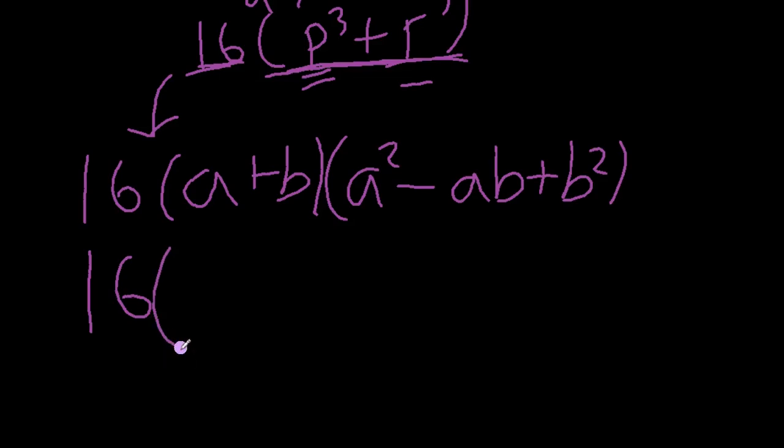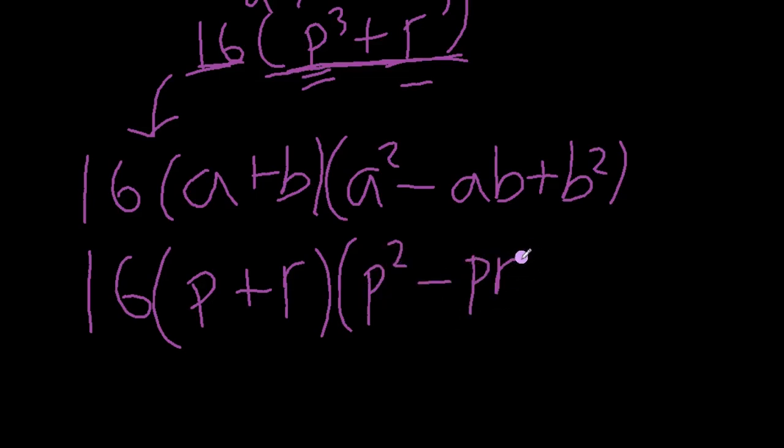So my a is p, my b is r, then I'll get p squared minus p times r plus r squared. And since there's no numbers to simplify, this is actually my final answer.